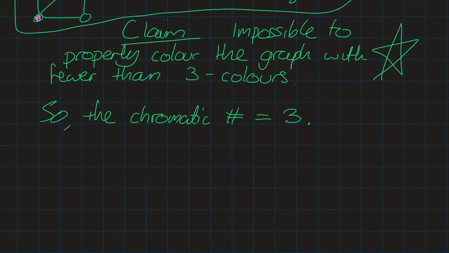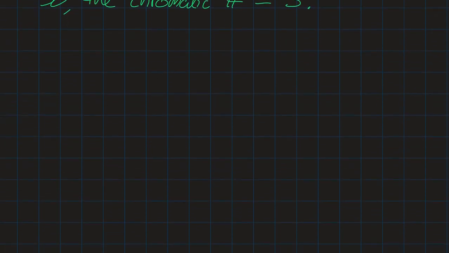Now let's talk about maybe the chromatic number of some special graphs. So I'm going to start a theorem, and this theorem just tells you the chromatic number of a complete graph.